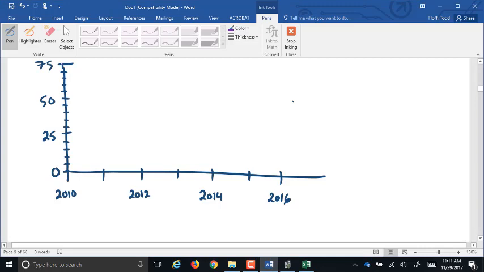So as you sketch this out, of course, we had 75 here in 2010. 72 in 2011, 74 in 2012, down to 70 in 2013, 73 in 2014, 71 in 2015, and down to 62 in 2016.